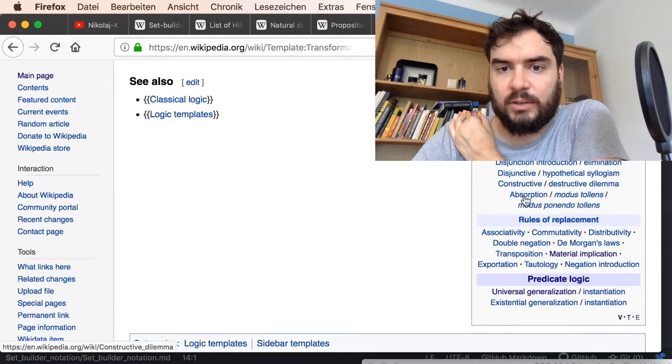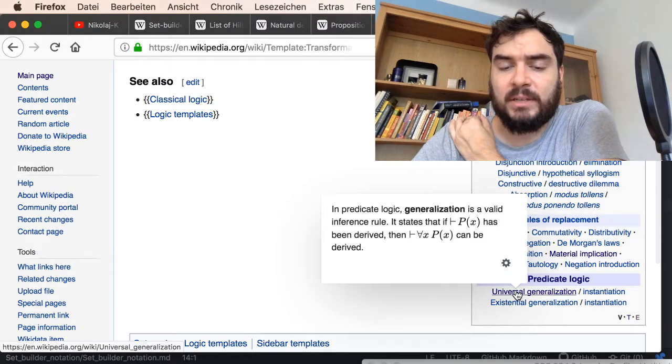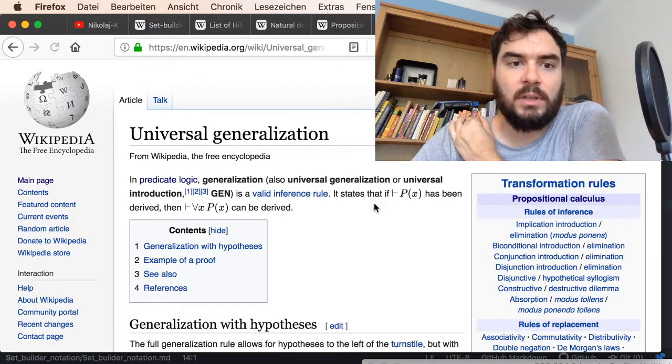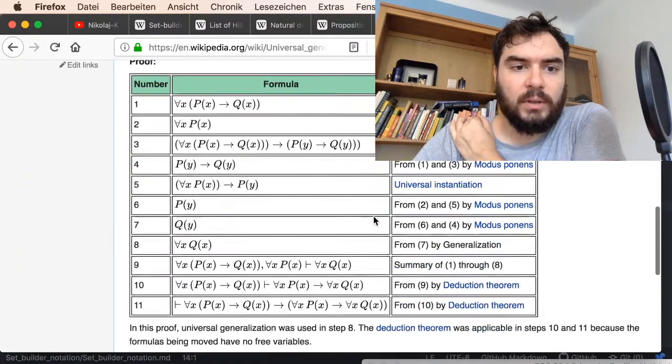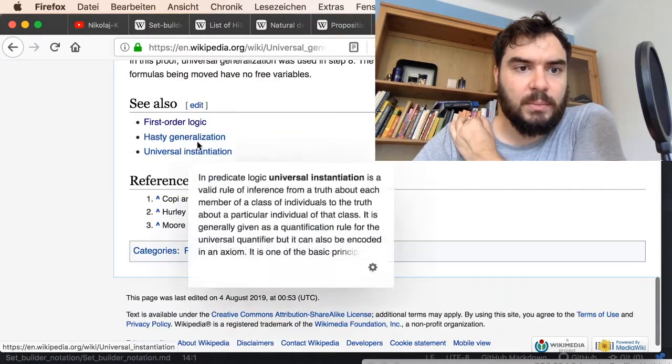rules are linked to and explicitly discussed, and in particular, if you look at the universal quantifier page, let me see, universal.